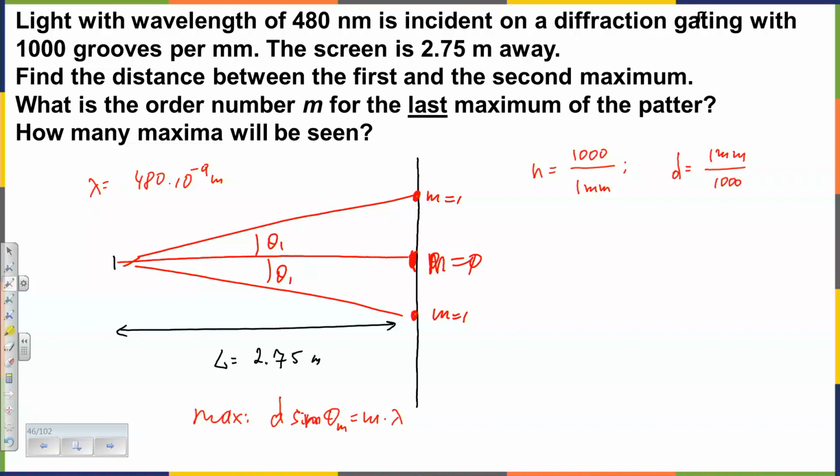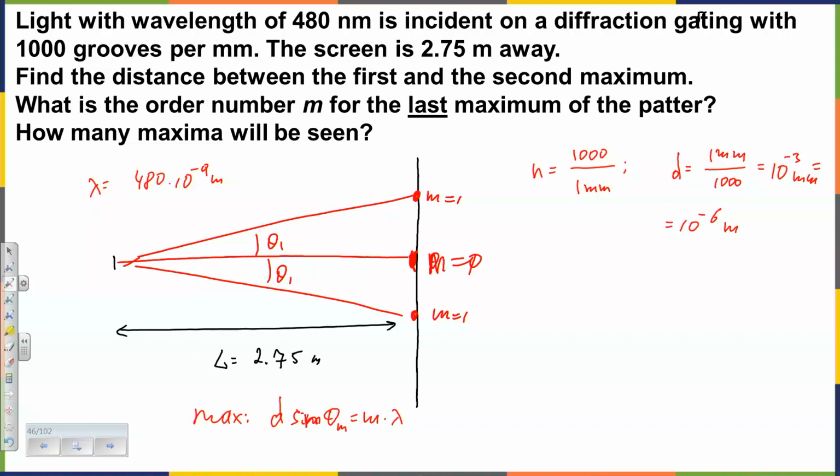Have to divide 1 millimeter per 1,000 slits. So that gives 10 to the negative 3 millimeters, or 10 to the negative 6 meters, 1 micrometer.